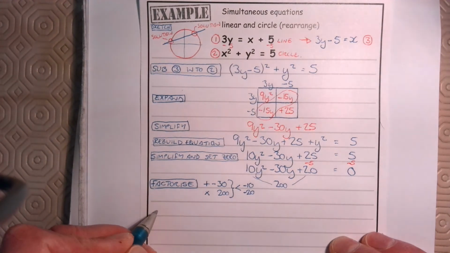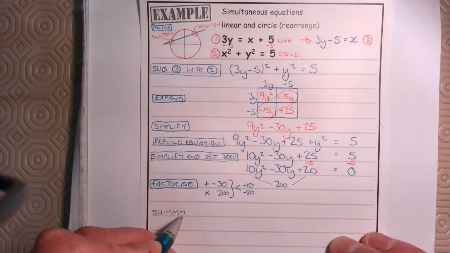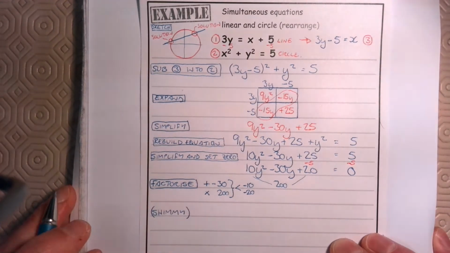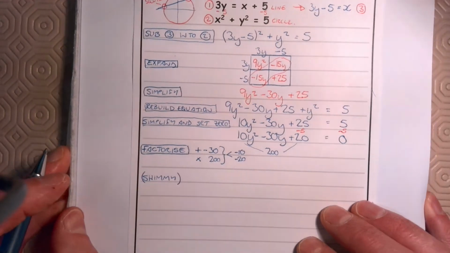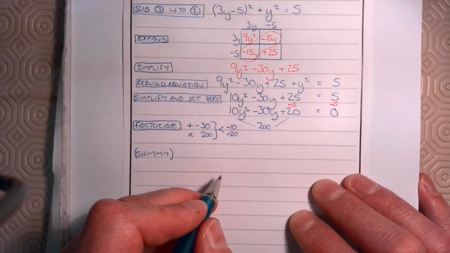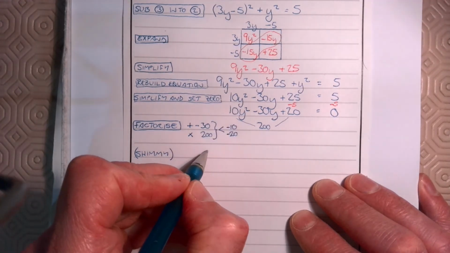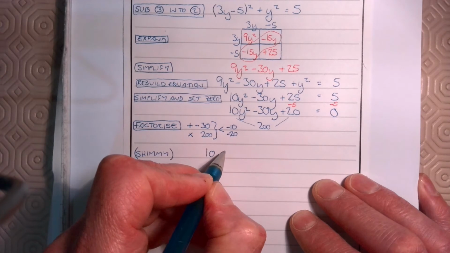Now we're going to need to do the shimmy factorizing. Let's move that up a bit and then fall off the paper. So where do we start from? So we've got 10y squareds, 10y squareds.